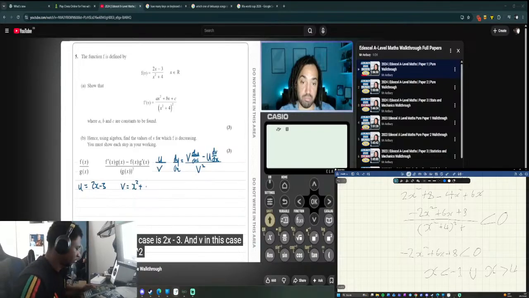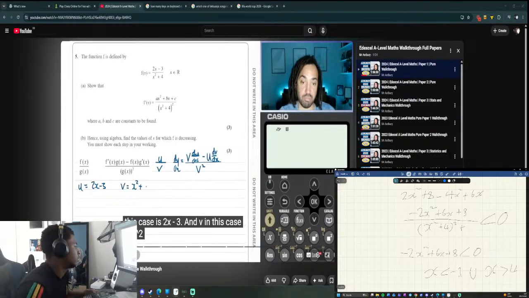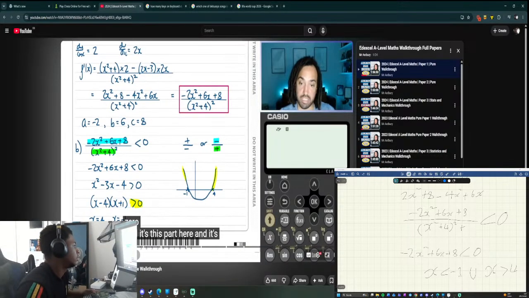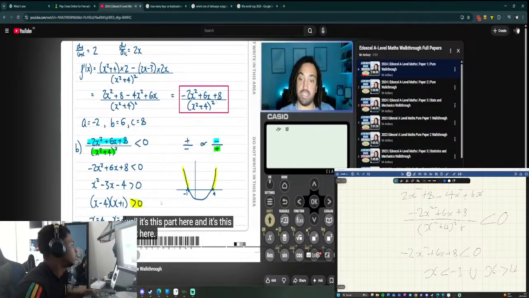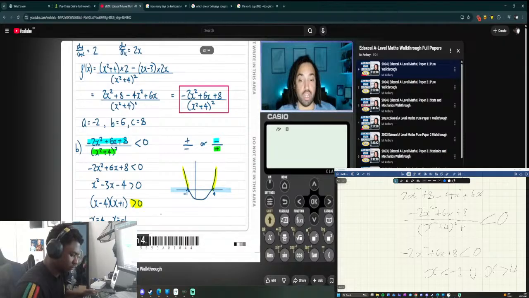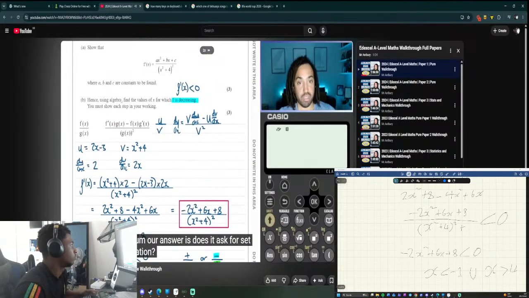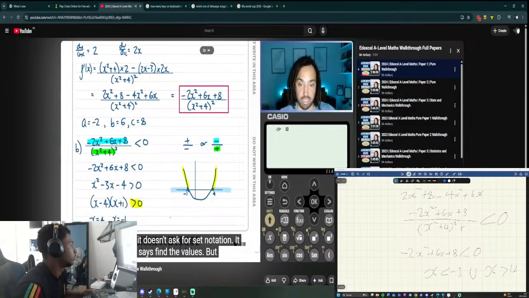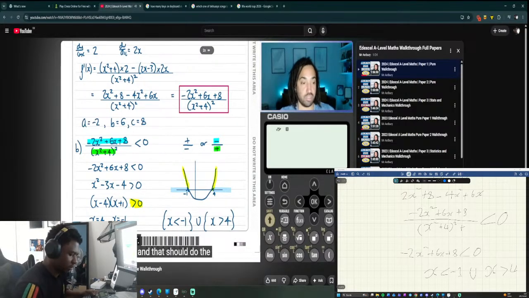Is that what we got? This part here. The x values that give us those parts of the graph are when x is less than minus 1 or when x is greater than 4. Does it ask for set notation? No, it just says find the values. But anyway, I'm going to give it as a set: x less than minus 1, union x greater than 4. And that should do the job.